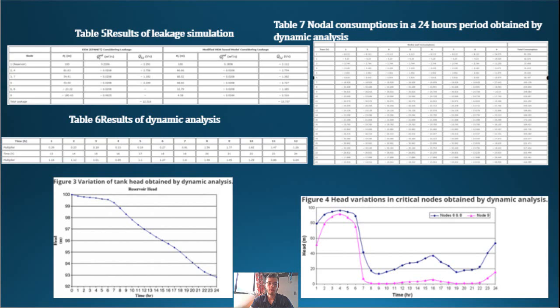It should also be noted that the difference in the reservoir outflows in the case without leakage is less than the total leakage, because in the network with leakage, the available nodal discharge is decreased and some amount of water that should serve the consumers is lost as leakage.